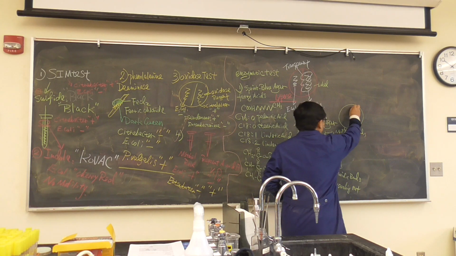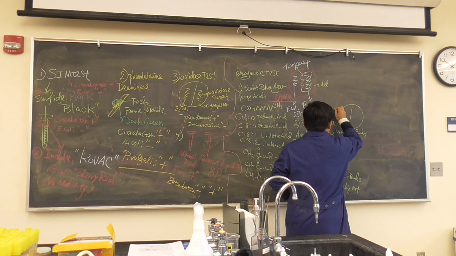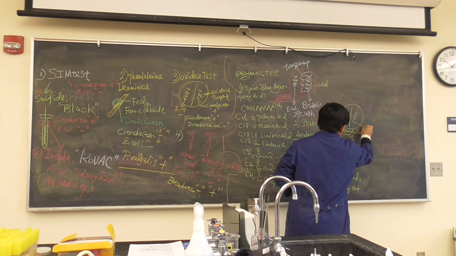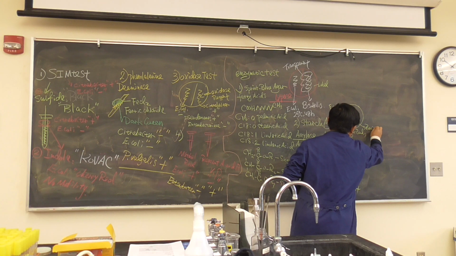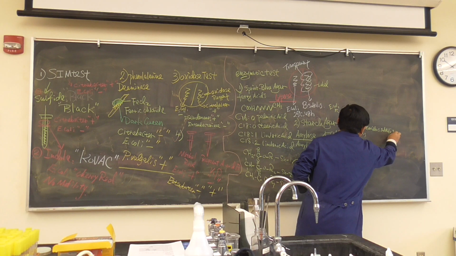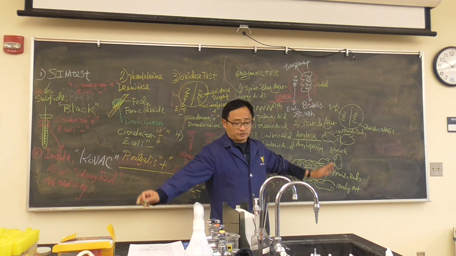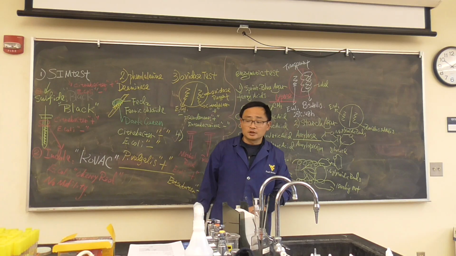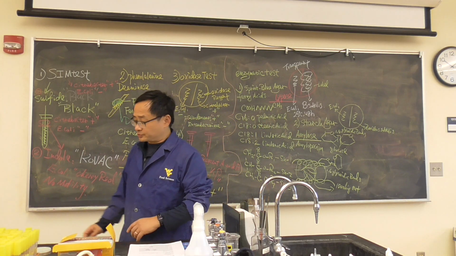Same thing. Left side, we inoculate E. coli. Right side, we inoculate Bacillus subtilis. Okay, what's the difference compared to that? You're not going to see the transparent zone.